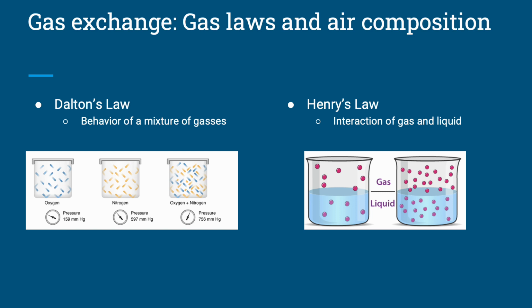So how does gas exchange in the alveoli increase oxygen in the blood and decrease carbon dioxide? Well, there's a difference in composition of atmospheric air and the air in the alveoli in the lungs.